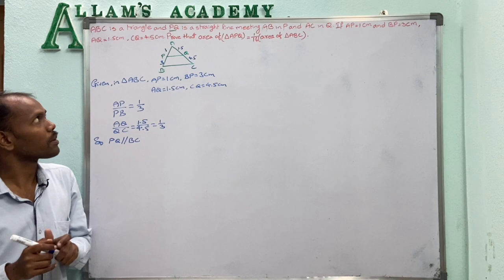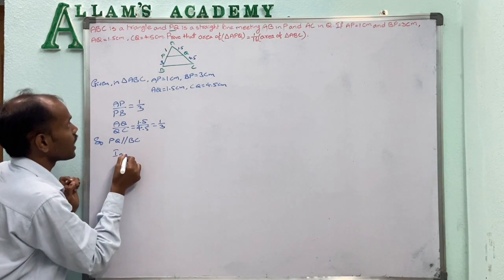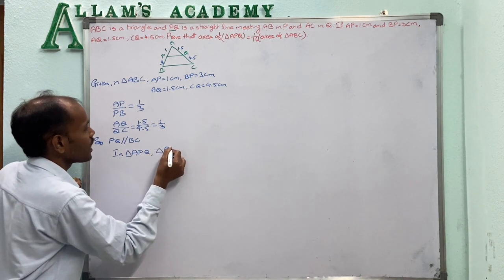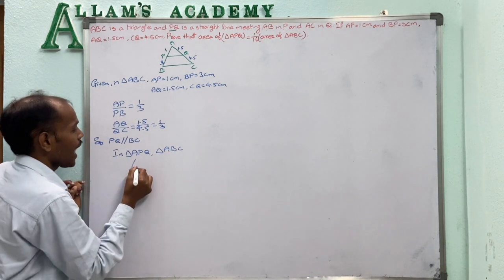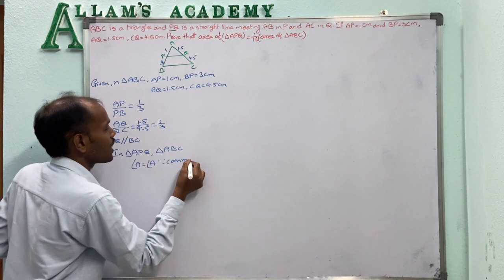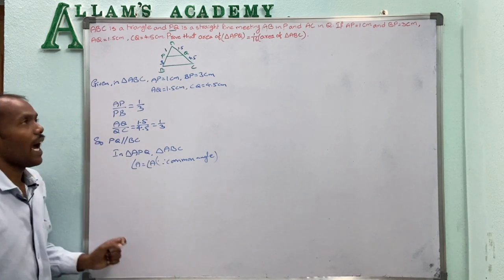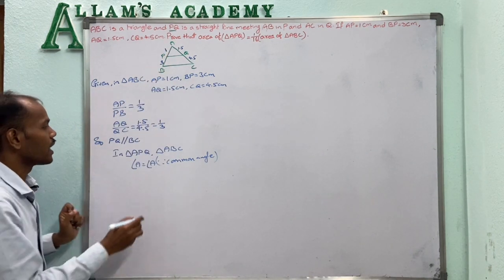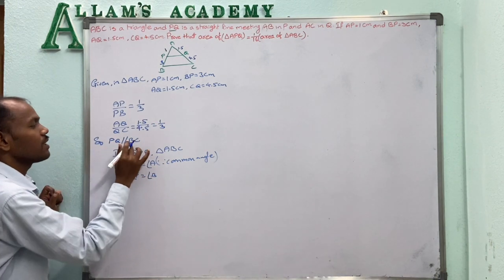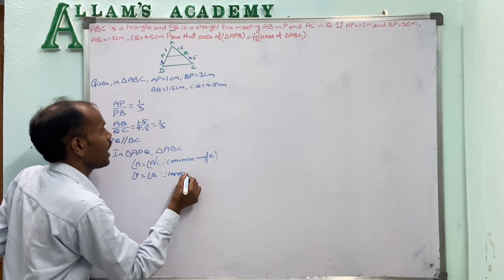So, parallel. Now if we observe in triangle APQ and triangle ABC, angle A equal to angle A, since common angle, and angle P equal to angle B. Why? Because they are parallel lines. So these two are called corresponding angles.